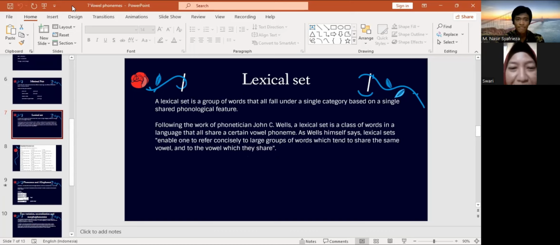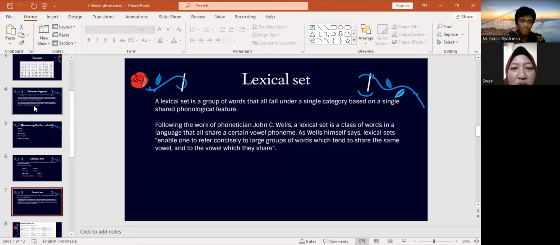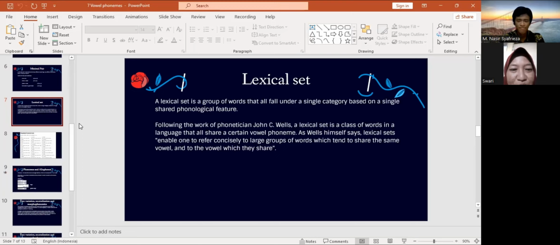Okay, I will explain about the lexical set. A lexical set is a group of words that all fall under a single category based on a single shared phonological feature, following the work of phonetician John C. Wells.